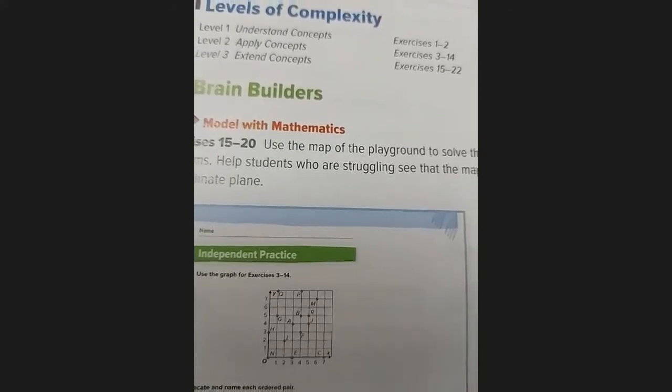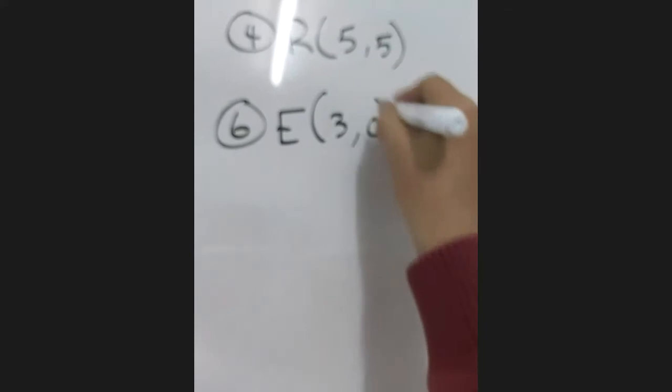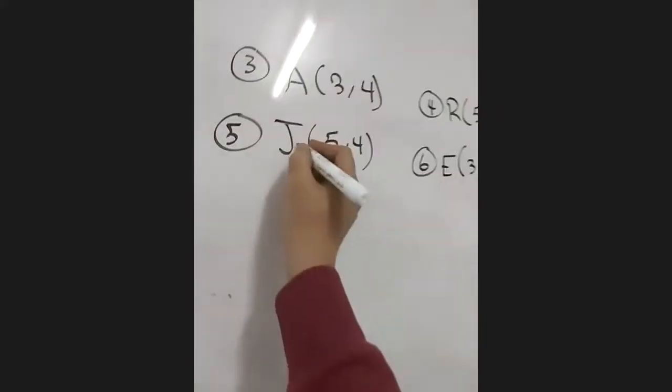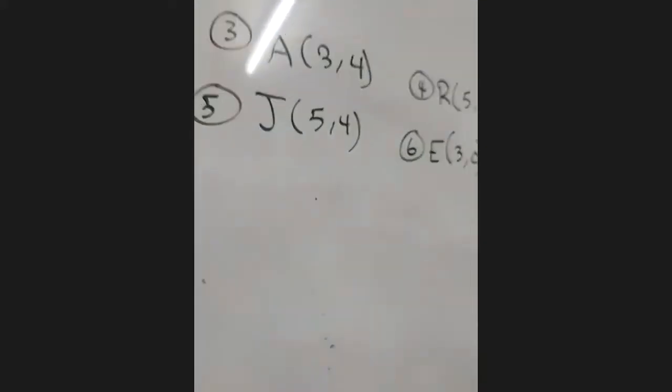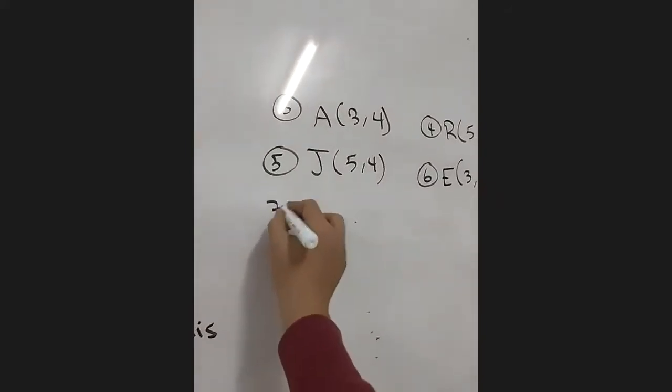Yes. So the point E is a 3 and 0. Don't put equal here, guys. Write it beside it directly. This is question 6.